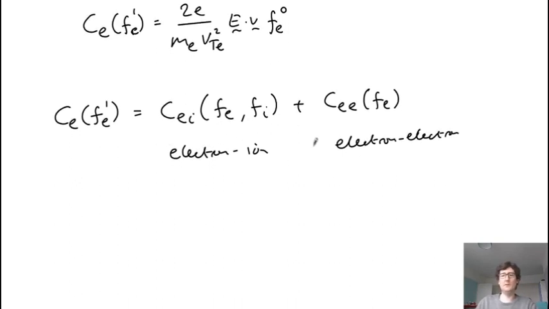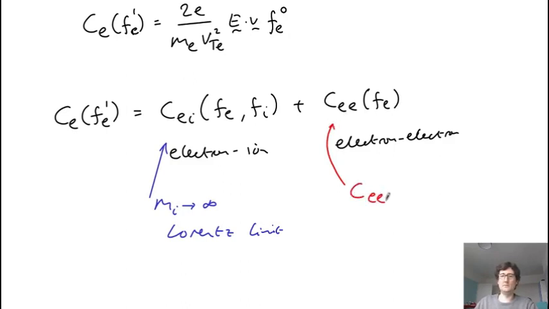This is the problem which Spitzer and Härm worked on and solved, involving both of these components. For now, we're just going to make some simplifications, and so for this part here, we're going to assume that the ion mass goes to infinity. This is the Lorentz limit of the collision operator. And then this part here you can linearize.